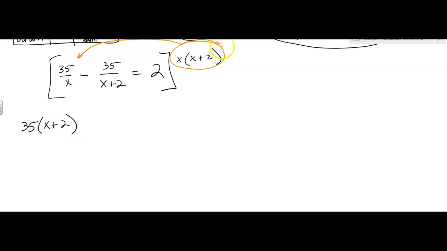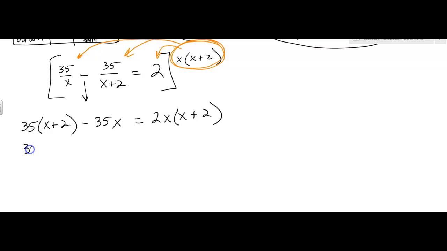Then I'm going to take that LCD times this. So it's going to be minus 35 times x, because the x plus 2's are going to cancel. Equals, and then I'm going to take the LCD right here times that 2, but nothing cancels, so it's 2 times x plus 2.